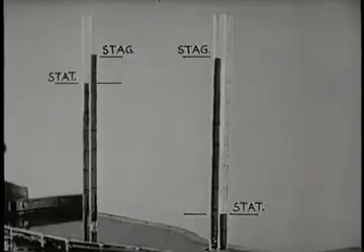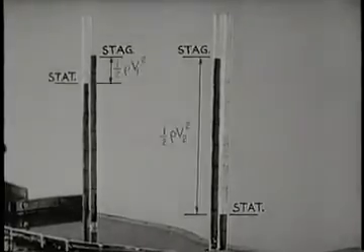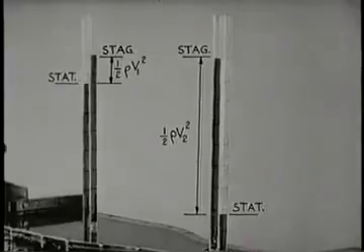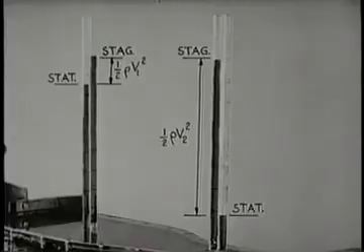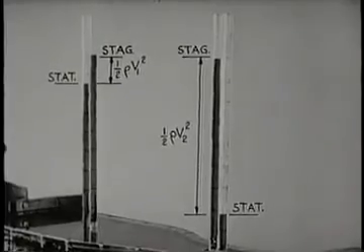The difference between the stagnation pressure and the static pressure is the local dynamic pressure. So this is a way of measuring velocity. Because of the area contraction, both the dynamic pressure and the static pressure change. But the sum of the two, the stagnation pressure, remains constant, which is what Bernoulli's integral told us.